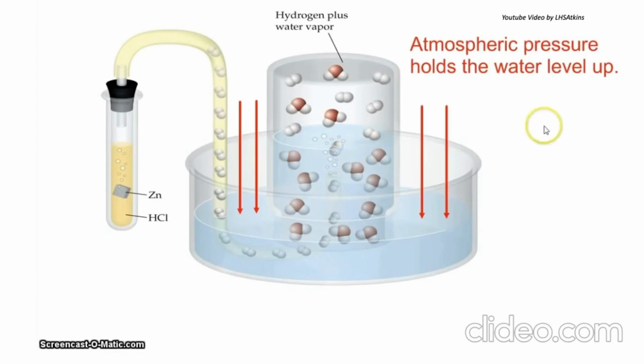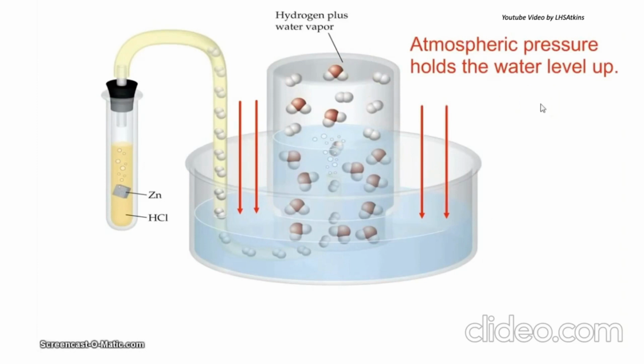The water can't go up any further because our hydrogen gas is pushing down on the water. As long as this water level stays stationary, we can assume that the pressure of the atmosphere and the pressure of our sample are the same.